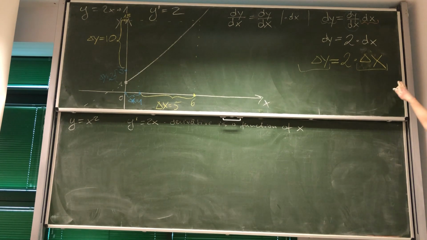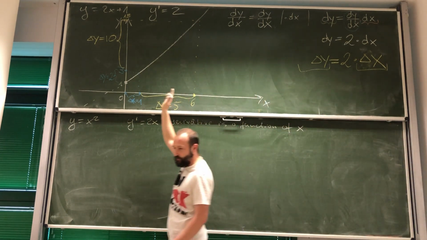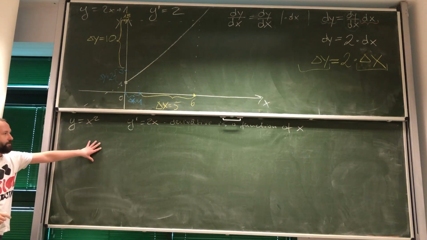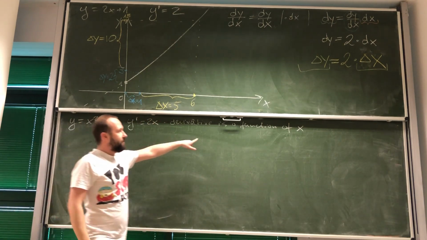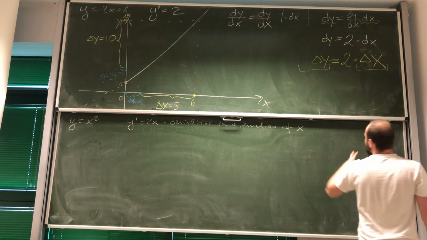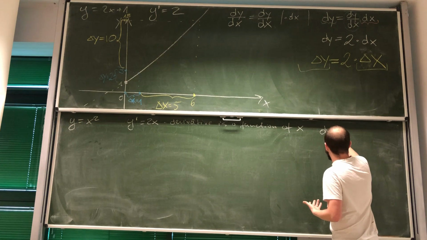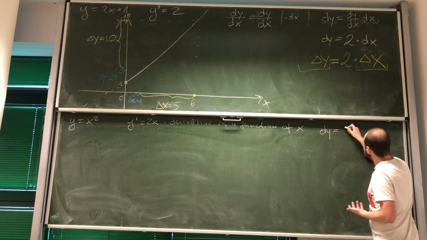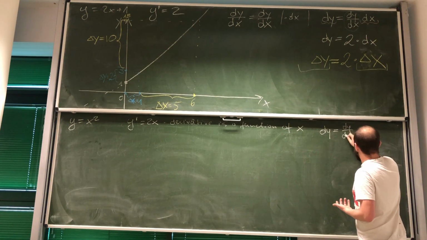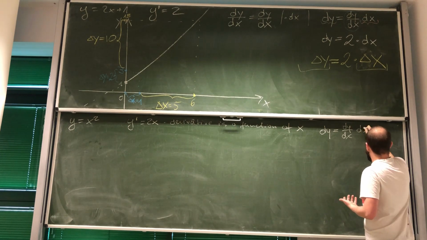Because compare these situations. Every time when x was increasing by some amount, y was increasing by 2 times this amount in case of linear function, because here derivative was constant. However, over here, situation is different. Let's look at this one more time. If I'm going to write differential here, dy, it's still dy/dx times dx.